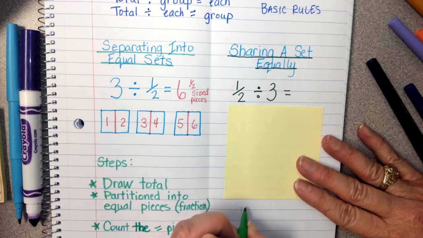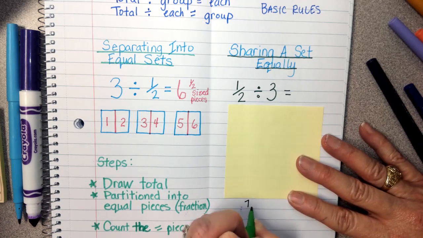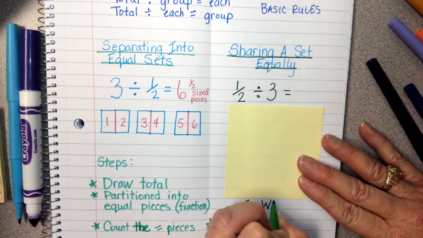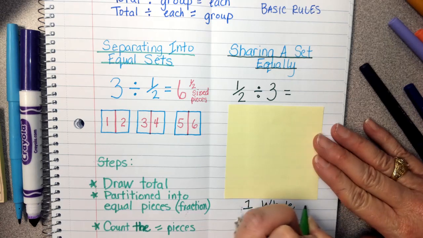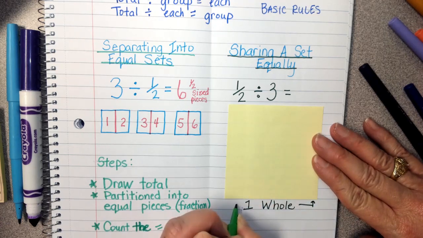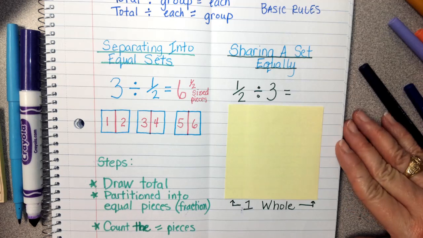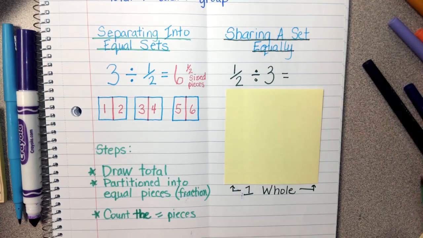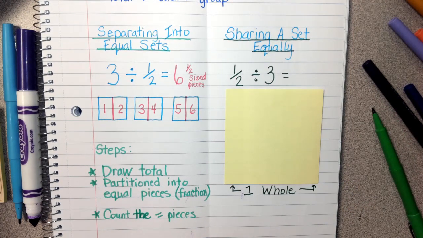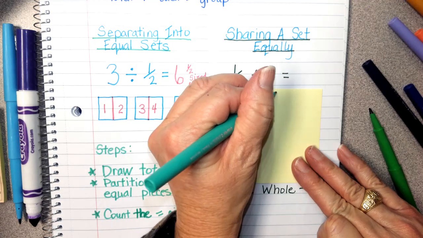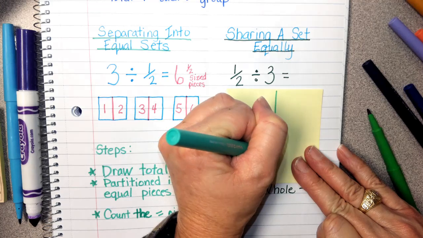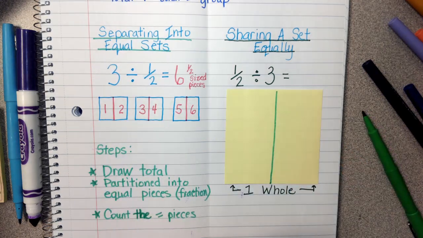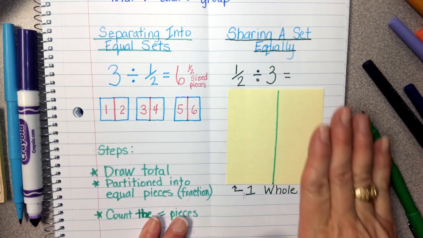So this sticky represents 1 whole. But when I think about the story, we did not have a whole piece. We only had 1/2 of that piece. So I have to partition my whole into 1/2.